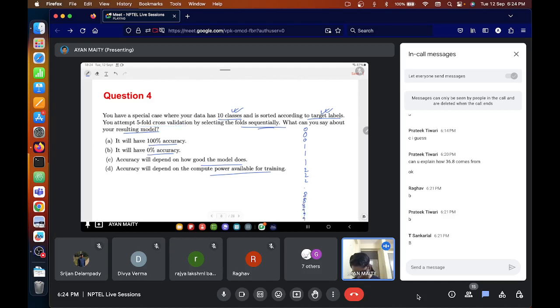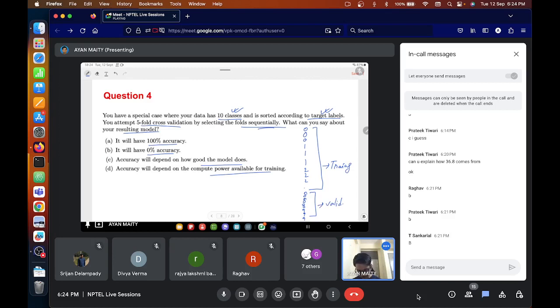And you have to do 5-fold cross validation. So that means for the last two classes, if we consider that the number of samples for each class is the same, these samples are used for training, and this will be used for validation.